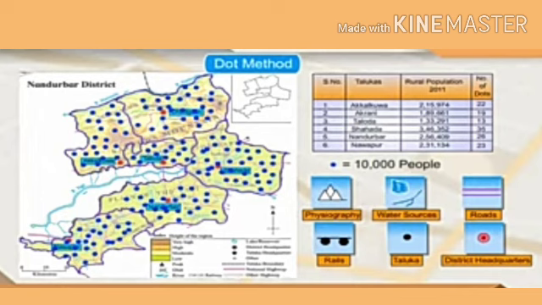Remember, while placing the dots, consider the physiography, water sources, roads, railways, talukas and the district headquarters as shown in the figure. After preparing your dot map, you can compare your maps with other students so that you will learn better how to prepare the dot method type of map.